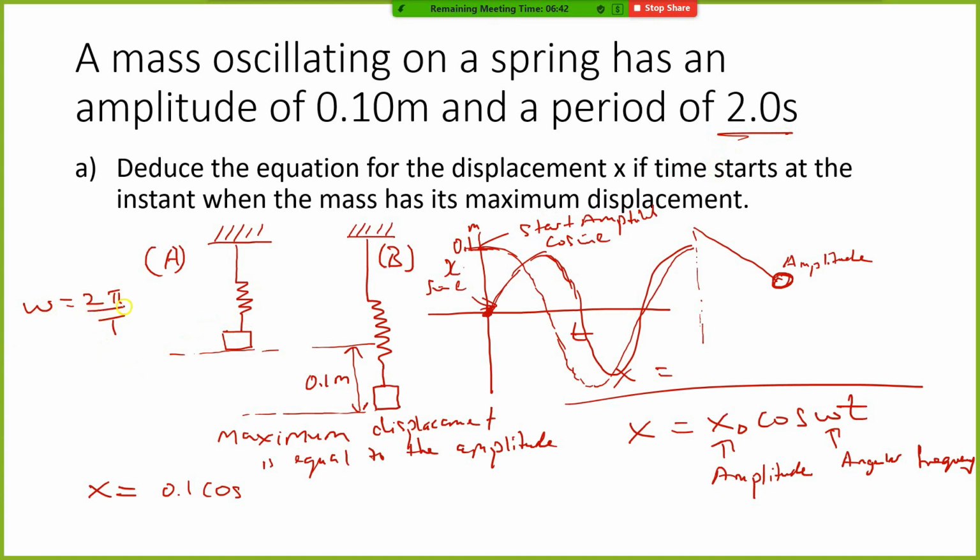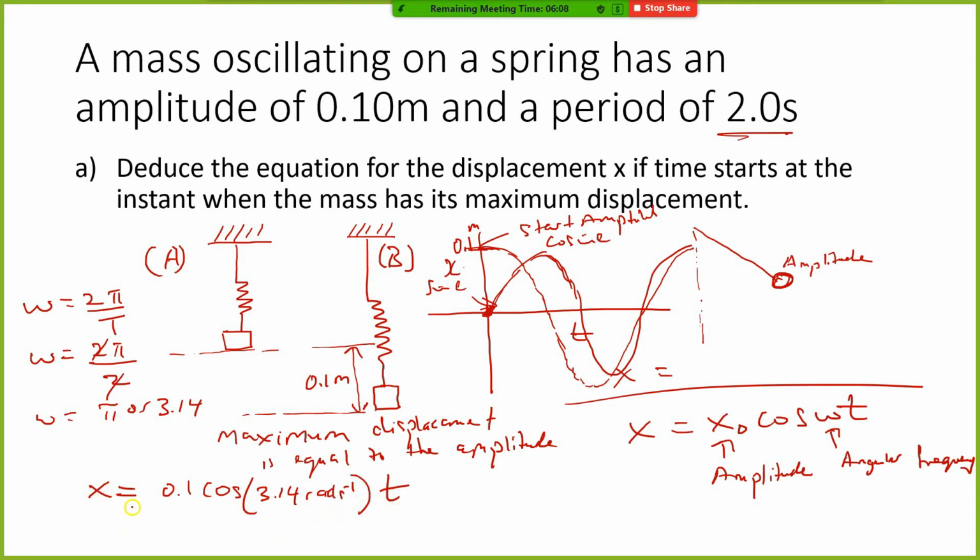So omega is equal to 2 pi divided by 2, which is equal to pi, or we could say 3.14. So in my bracket I'm going to put 3.14, and this is rad per second. Close the bracket, then I put my t on the outside.